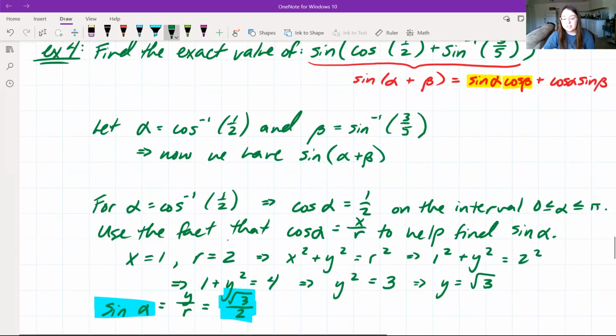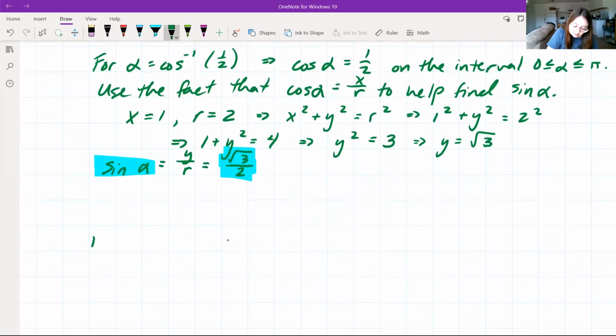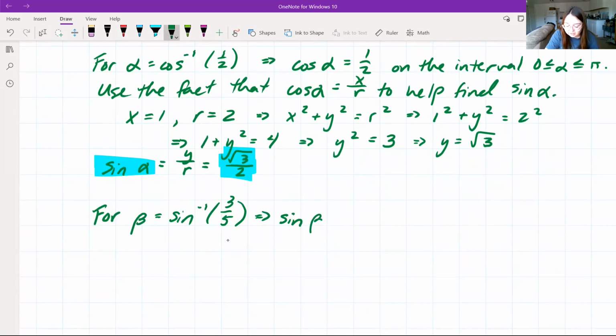Now we need to find cosine of beta. So doing the same thing again here. For beta equals sine inverse of 3/5, we're going to get that sine of beta is equal to 3/5.